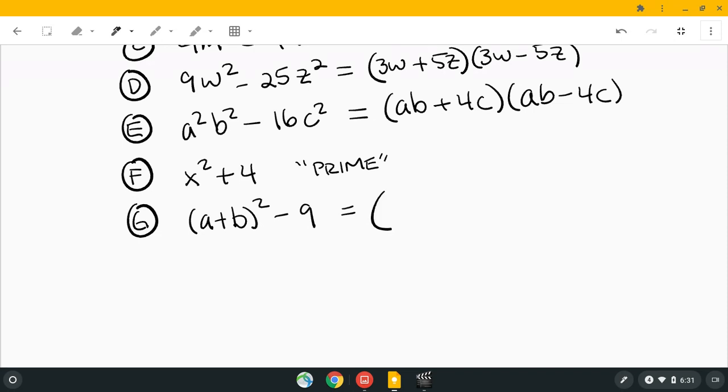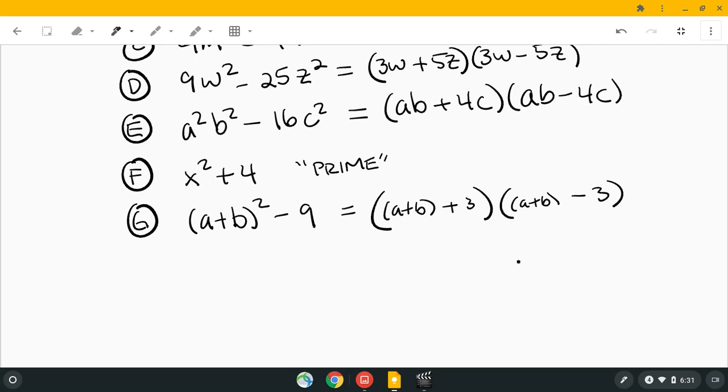What's being squared here? A plus B. So that's what we put down, A plus B. And then what's being squared over here? 3. So it's A plus B plus 3, and it's going to be A plus B minus 3. See how that works? That was just sort of a trick question to see if you would recognize the structure. If you were able to get that, then that's pretty good, quite impressive.